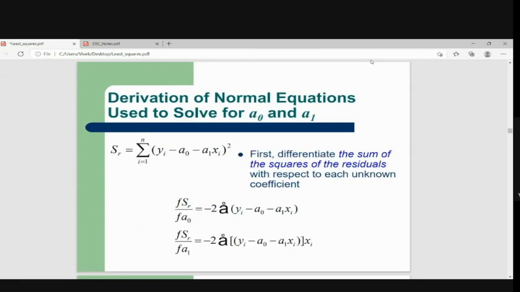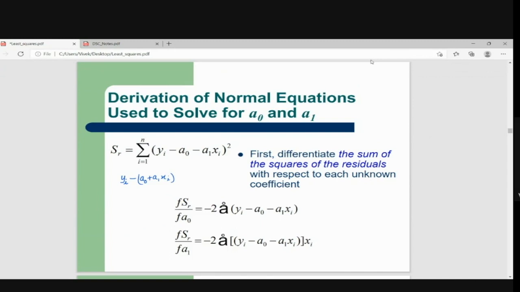Now, the derivation of the normal equation. You see, this is the value given to me, minus the value we get by substituting into the given equation of the line.